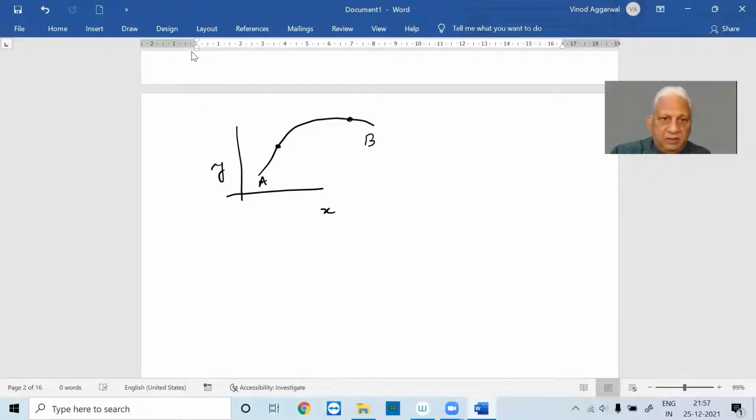Now the position vector of point A is this way, and the change in position is this.